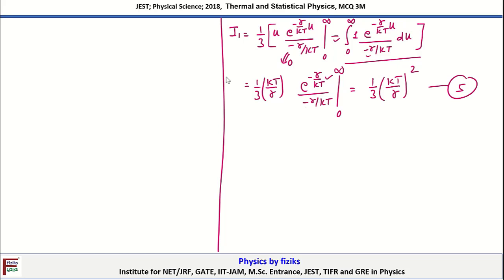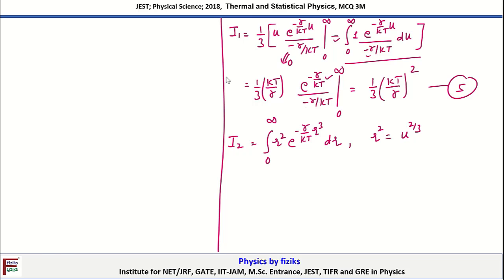Similarly, we can evaluate I2. So I2 is equal to the integral from 0 to infinity of r^2 exponential minus gamma by kT r^3 and then dr. So we have already done this substitution. The same substitution we are going to use, replacing r^3 with u.